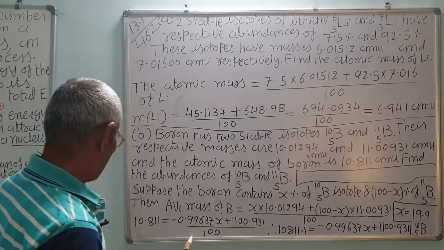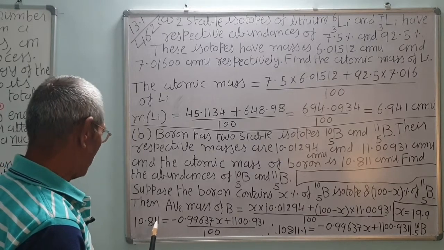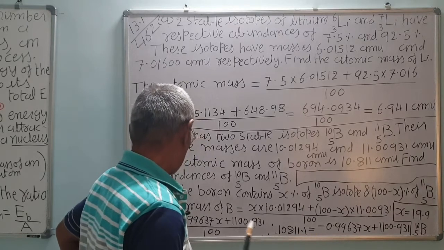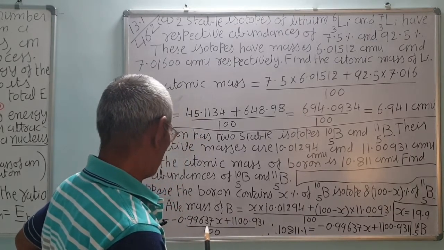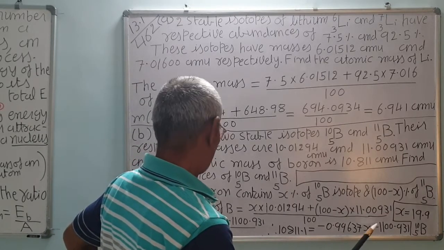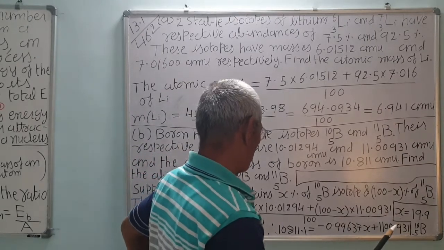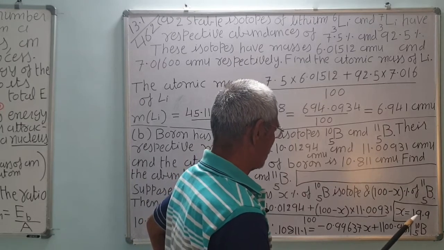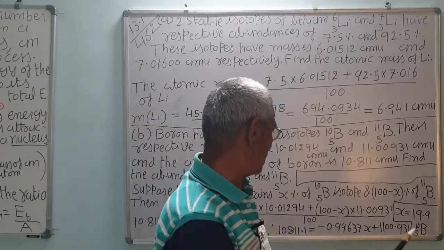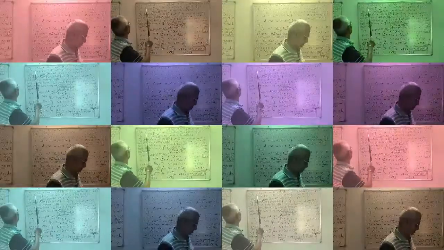First multiply it, take this term on this side, so that is 1081.1, and that is equal to this one, 10.01294x plus 1100.93 minus 11.0093x. You can solve it and calculate x is equal to 19.9% of boron-10. The remaining percent, that is 100 minus this, is 80.1% of boron-11.